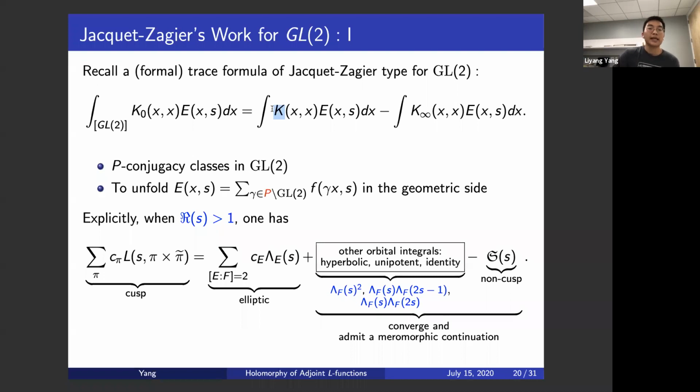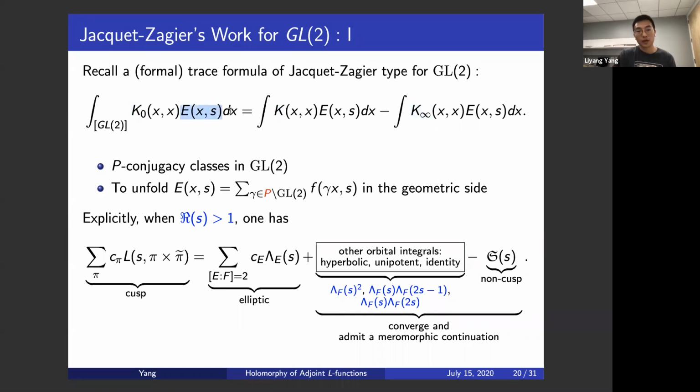And this K naught means the contribution from the cuspidal spectrum, and K infinity means the contribution from the non-cuspidal spectrum, namely the residual spectrum and the continuous spectrum. And this is an Eisenstein series.